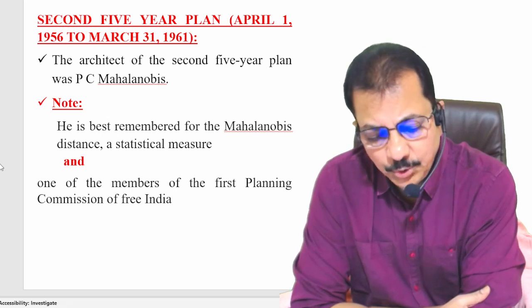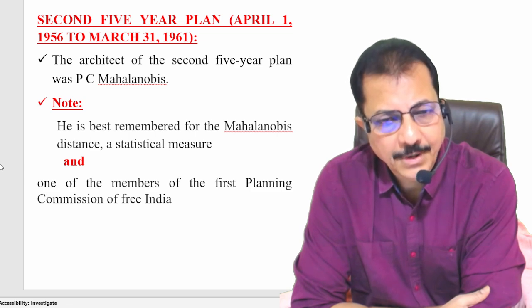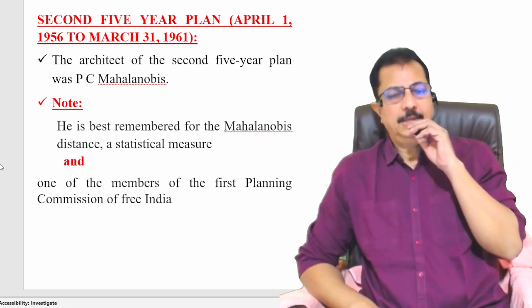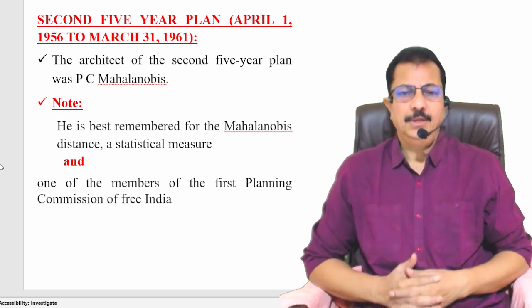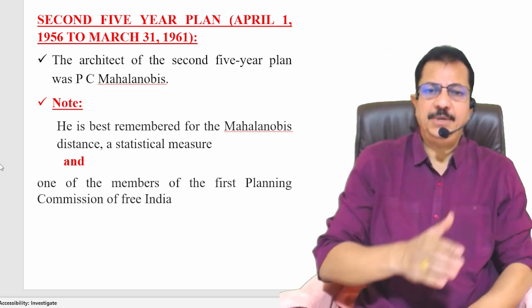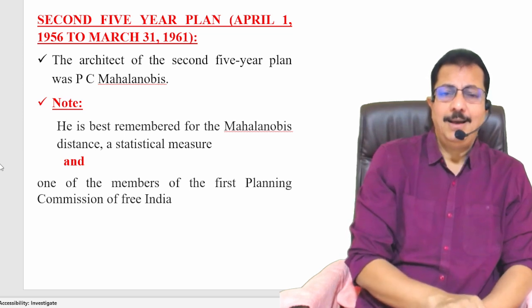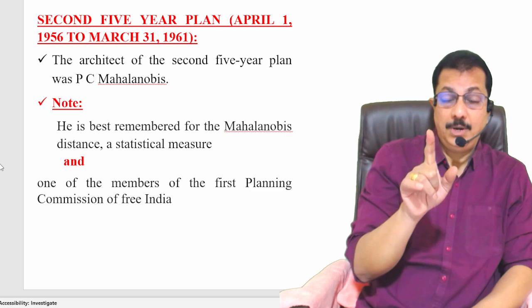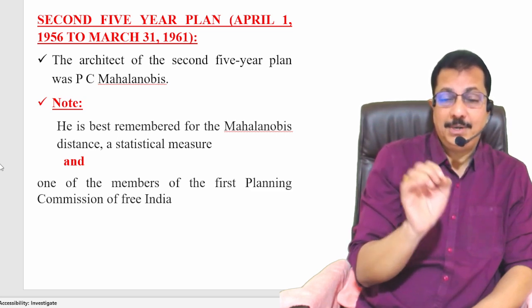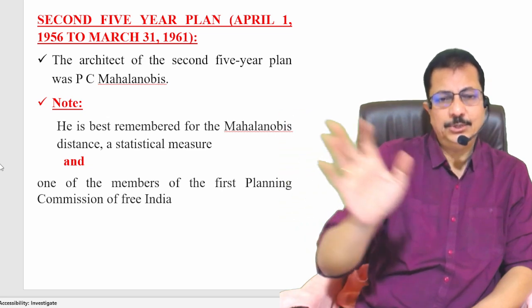And he was one of the members of the first Planning Commission of India, right? And of course, with the intimacy that he had with the Prime Minister of India, both developed the second 5-year plan, and it was completely drafted by PC Mahalanobis. That is the reason why he is called the architect of the second 5-year plan. Am I clear? I told you already, Nehru always wanted rapid economic development, which is possible through industries only.